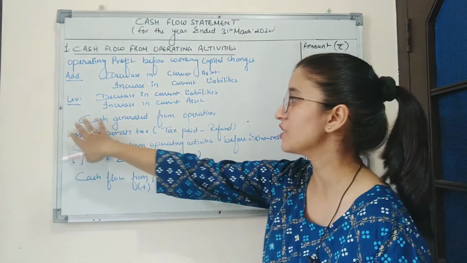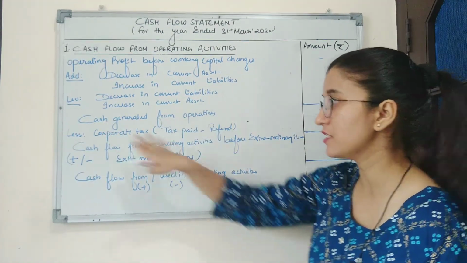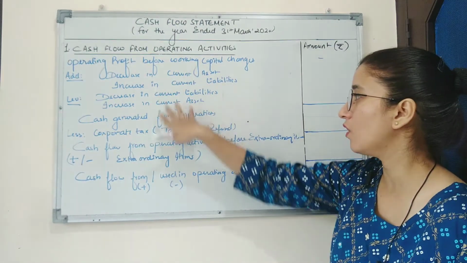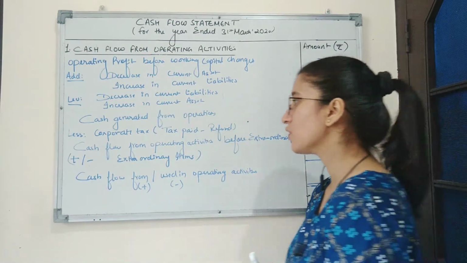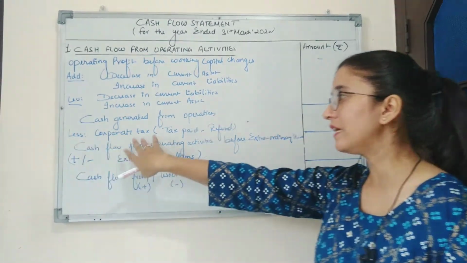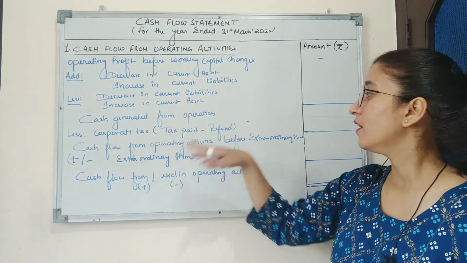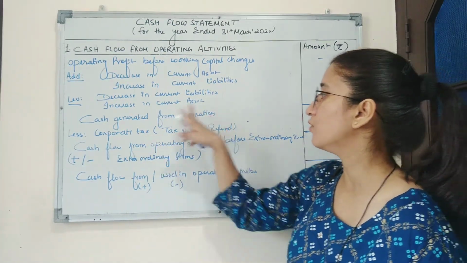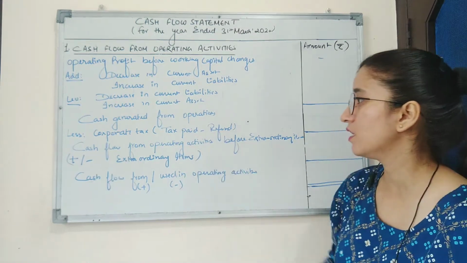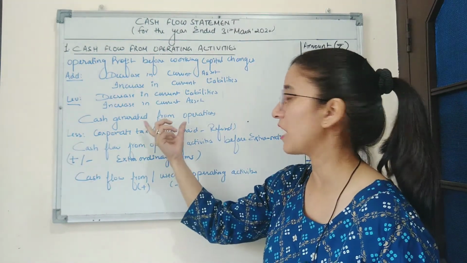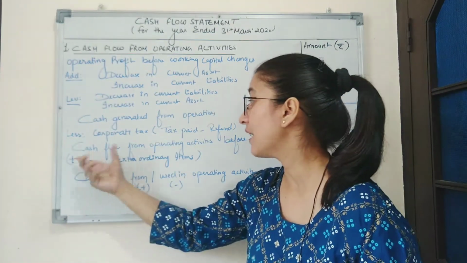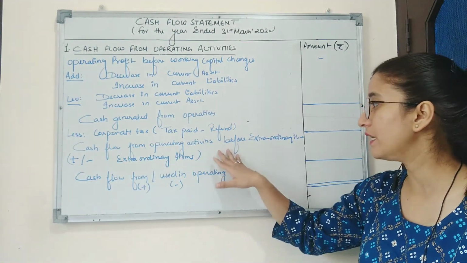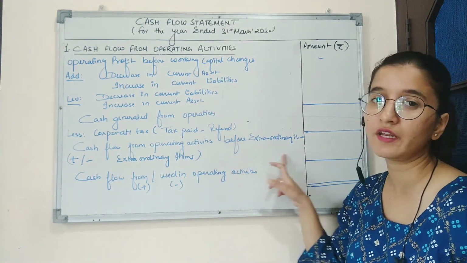But this is not the cash flow statement from operating activity. This is just a cash generated from all these operations. So here we will subtract corporate tax, which can be found out by subtracting refund amount from tax paid amount. So after subtracting this from cash generated from operation, we will get cash flow from operating activities before extraordinary items.